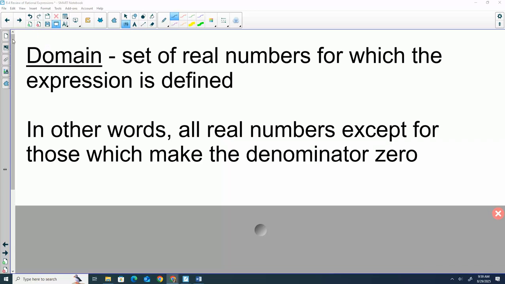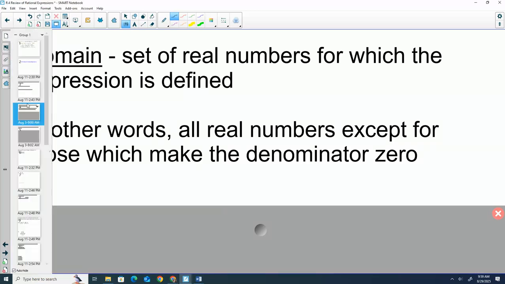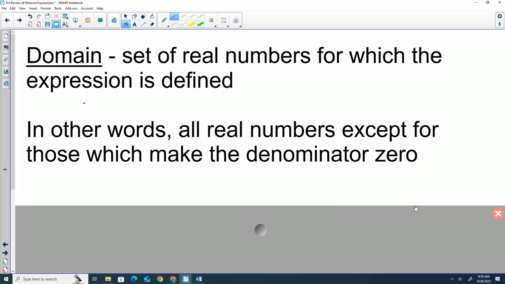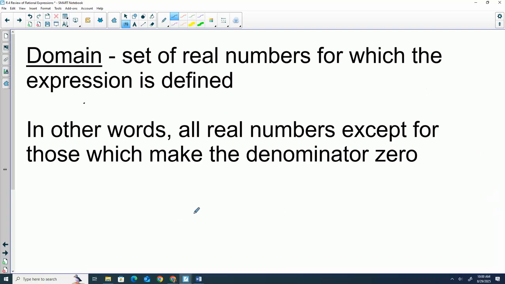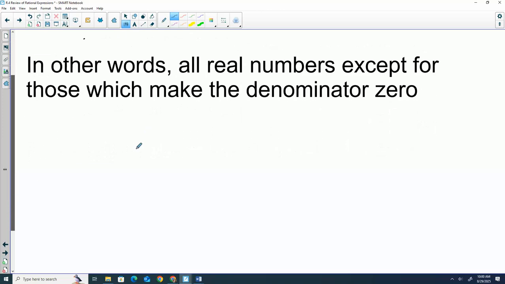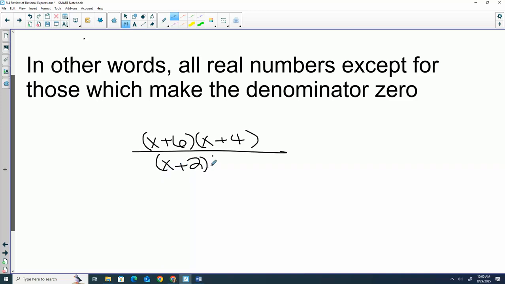What we're going to do is look at some fractions and make sure we can identify the domain. If, for instance, I gave you x plus 6 times x plus 4 over x plus 2 times x plus 4.